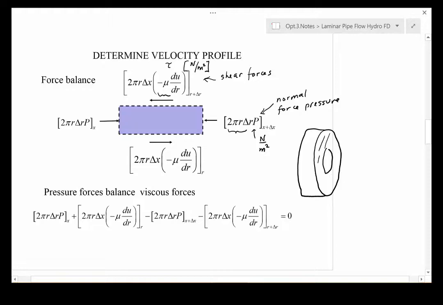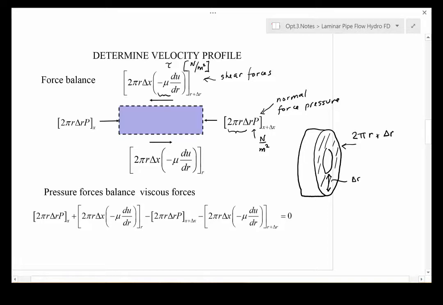And so the pressure's acting on this face that I'm coloring in right now. If you think about what that area is, if this were really a cylinder, it'd be 2 pi r, which is the perimeter, times the thickness, delta r. So again, remember, delta r is that. So 2 pi r delta r is that area.